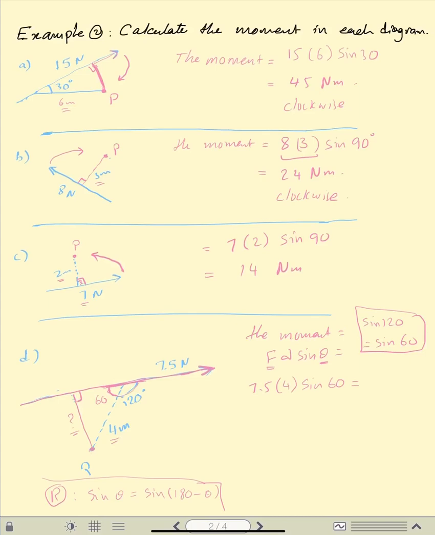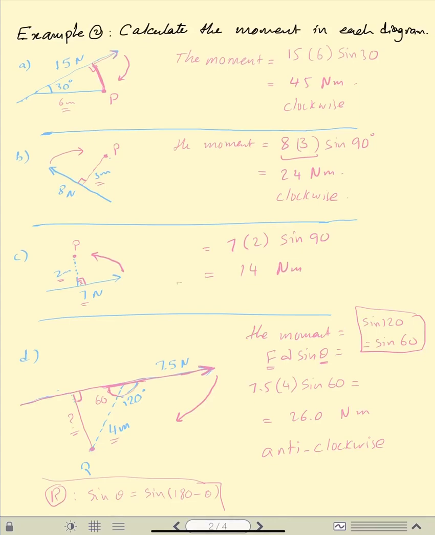Then by using the calculator, 7.5 times 4 times sine 60 is equal to 26 Newton meters. And what's the direction? This is the force and this is the point, which is anti-clockwise. Anti-clockwise.